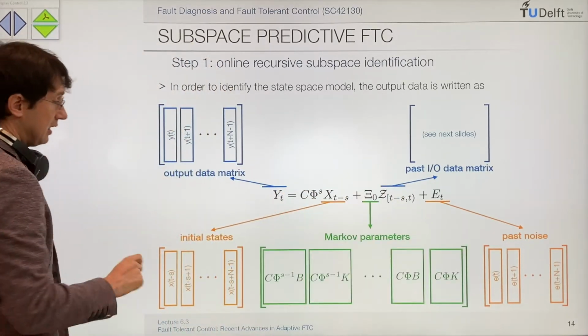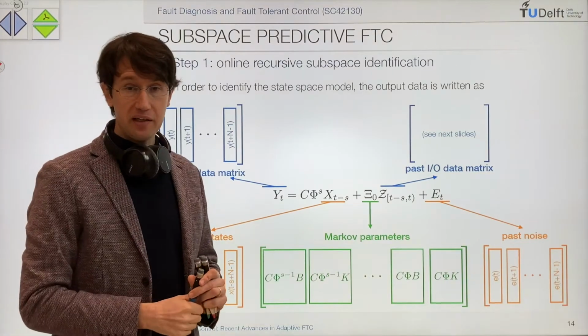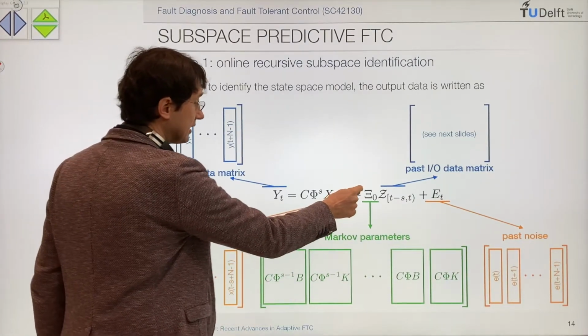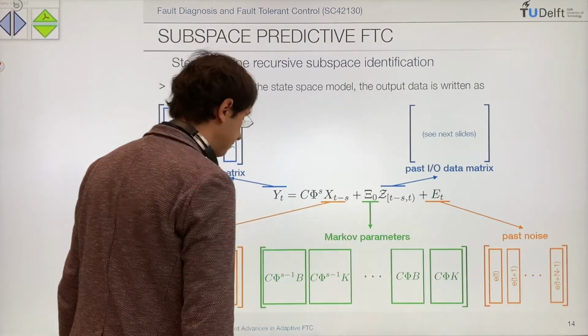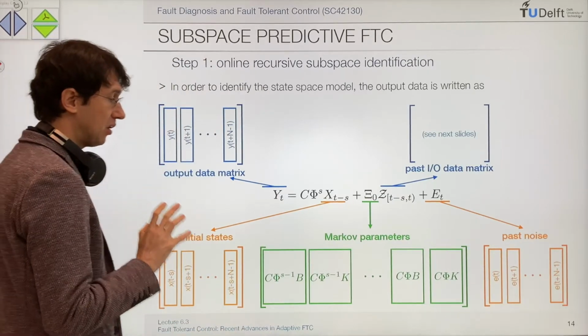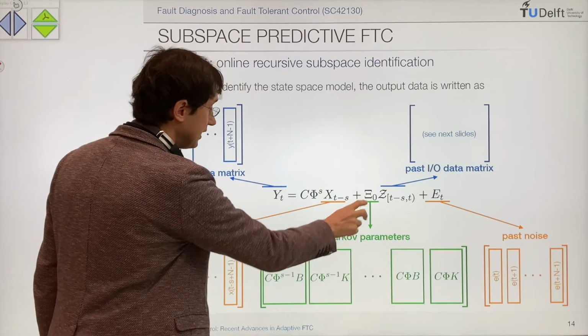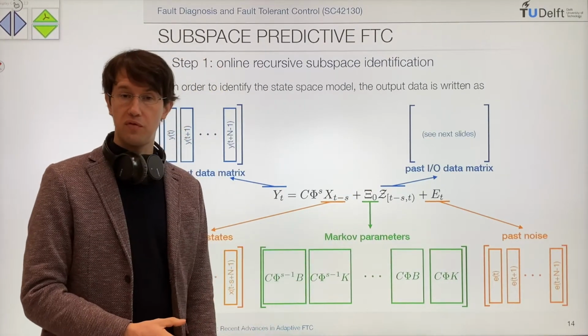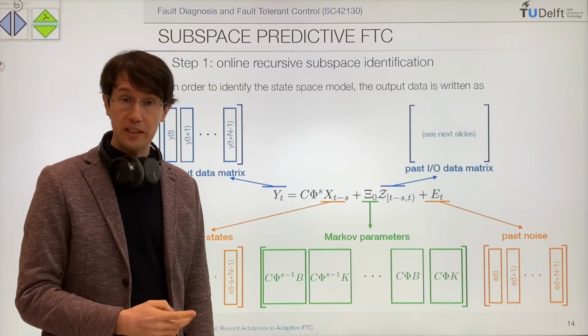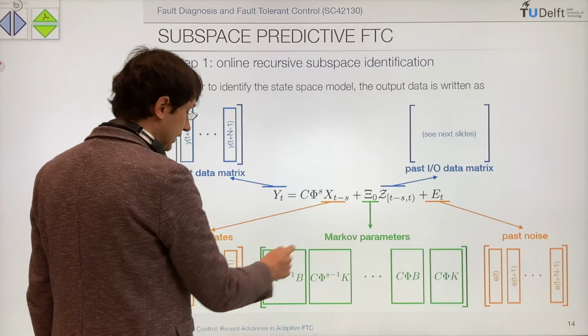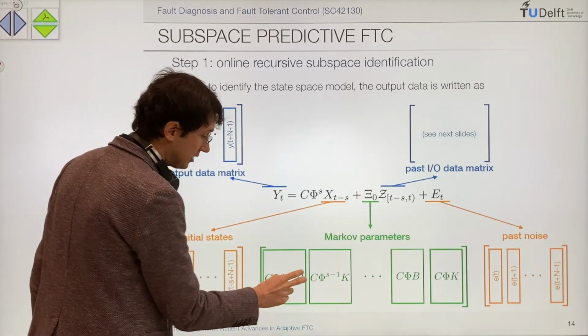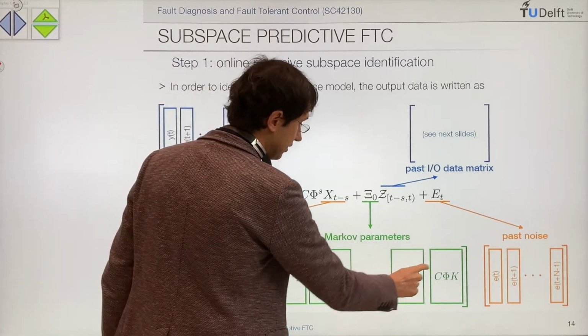Finally, the last symbol that we have here is the matrix capital Xi, which is the matrix of the Markov parameters. This is the thing that we want to solve for. This is the thing that we want to identify. And indeed, it contains terms of matrices of the model.